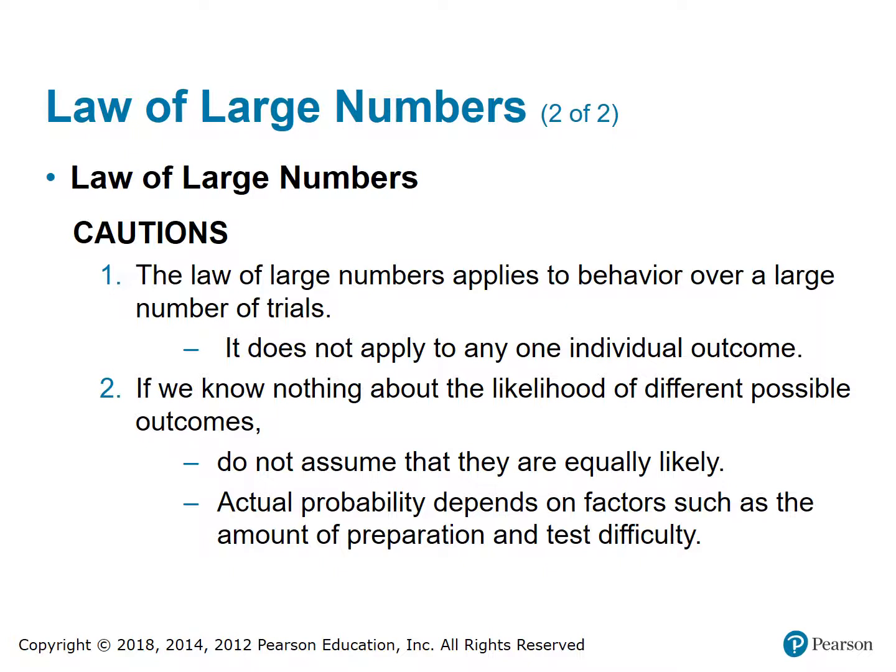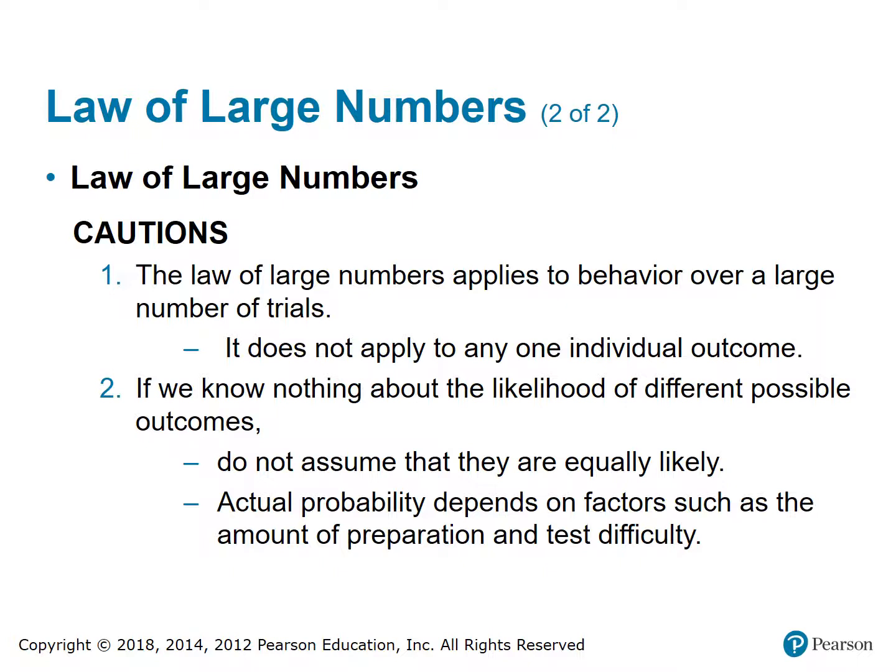It wasn't until later on, not the first 10, 20 flips, but even at 100, it was still some distance away from 50-50. And note that it does not apply to any one individual outcome. In one of the simulations we ran, we got tails 3 times in a row, and the fact that we got tails 3 times in a row had no bearing on whether we would get tails the 4th time.